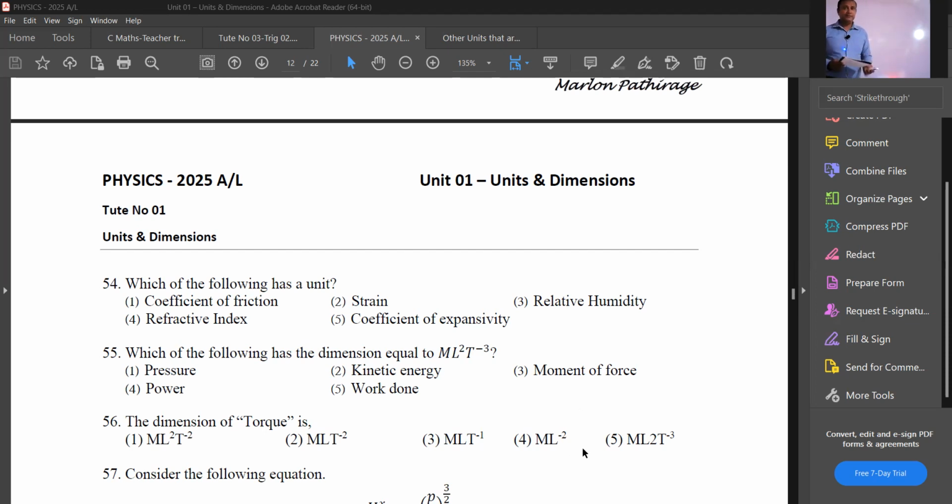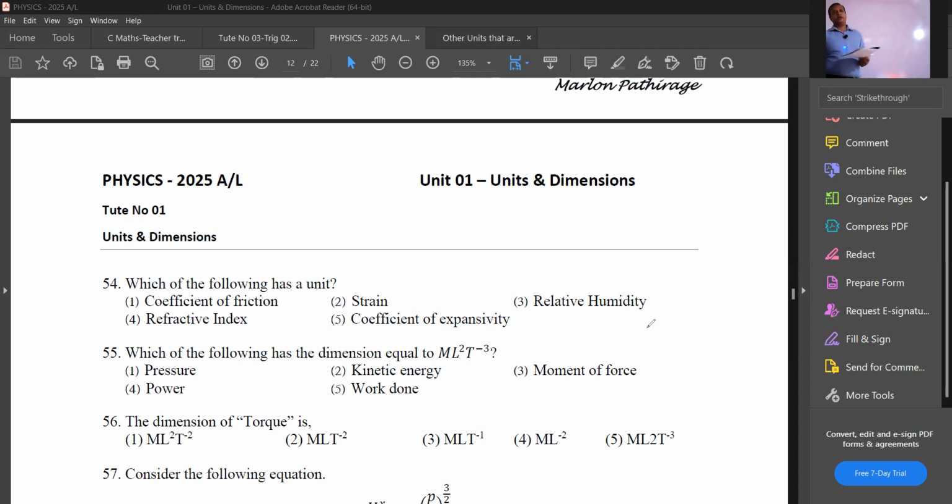Is that correct? Others? Please give me your response. Yes, answer number 5. Very good. Answer number 5. All the others do not have a unit.